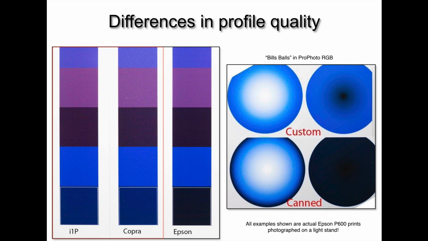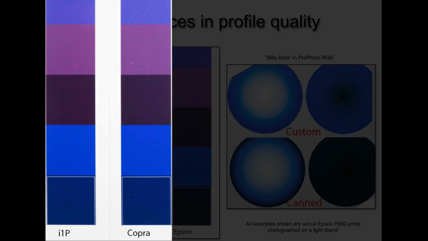Over on the left, what I've done is I've built a custom profile. I've measured the 1728 patches, and I've sent the patch data, the measured data, to two different profile packages, i1 Profiler from X-Rite and Coopra. And then you can see that there are some differences, even with a relative colorimetric rendering intent, between those two profiles.